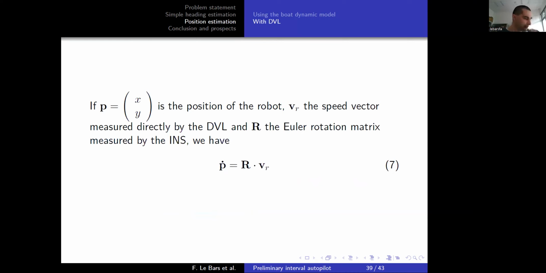So if we want to take into account this sensor, the model to be used in the state estimation can be this one, with the rotation matrix given, especially in 2 dimensions, by the heading estimation.